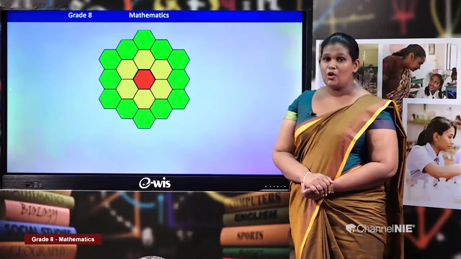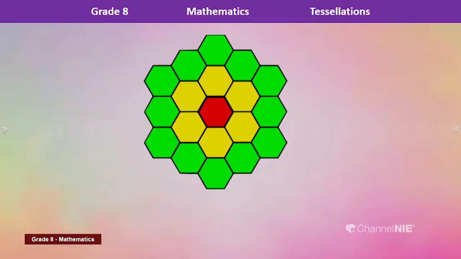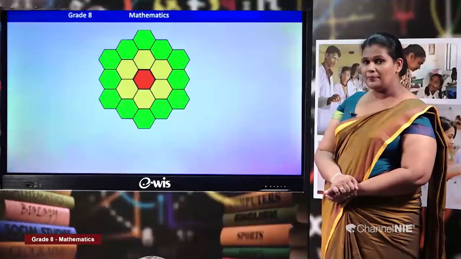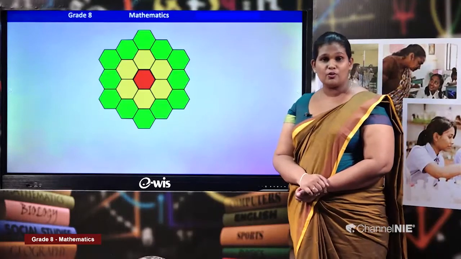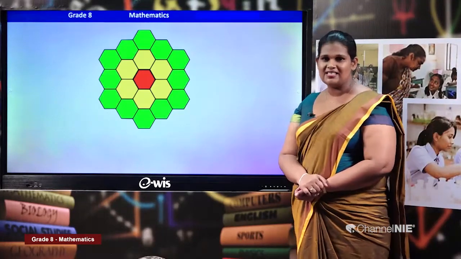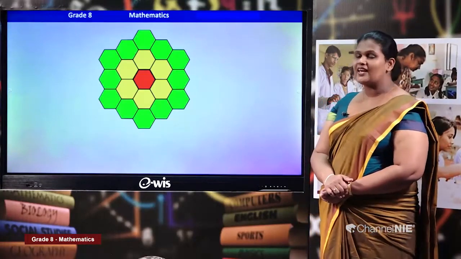Right. Now, look at this picture. When you are looking at this picture, what comes to your mind? Can you remember the beehive I showed you in previous slides? Is it in the same shape? Yes, it is, because in the beehive we have noticed some hexagons. Here also this pattern is created using hexagons.